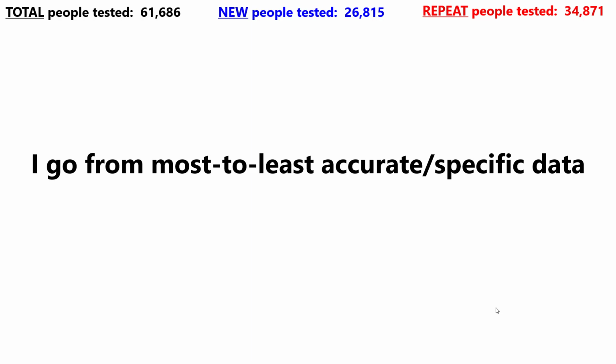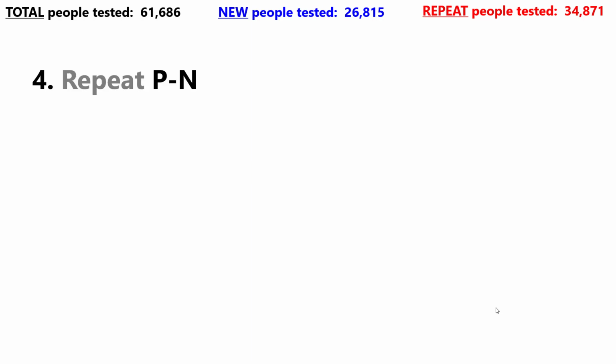Basically, I'm going to start with the subtypes for which I think I can get very accurate data based on what's provided to us. And at the top, you're going to notice that I'm going to keep a running track: here's the total number of people tested today, here's the new people tested today based on our calculations, and here are the repeat people tested today.